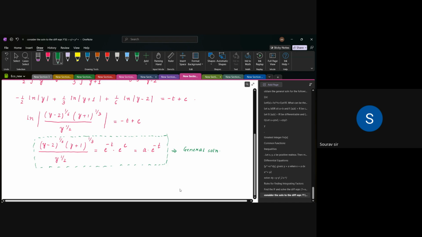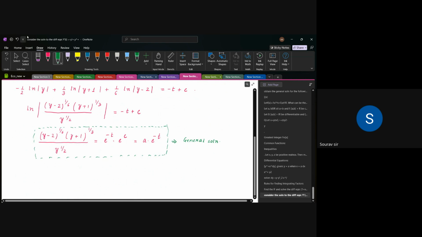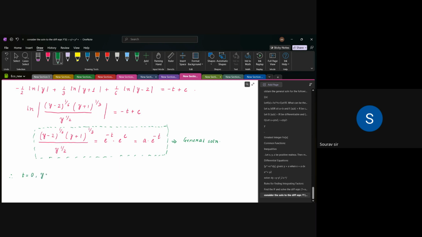Correct? Understood, everyone? Agreed? Now, if we come back to the question once more, we are also given this condition, that y of 0 is equal to y naught. That means we need to find the particular solution. So I'll put t equals 0 and y equals y naught in this equation. So what are we getting? A is equal to (y naught minus 2) raised to the power 1 by 6, (y naught plus 1) raised to the power 1 by 3, divided by y naught raised to the power half.